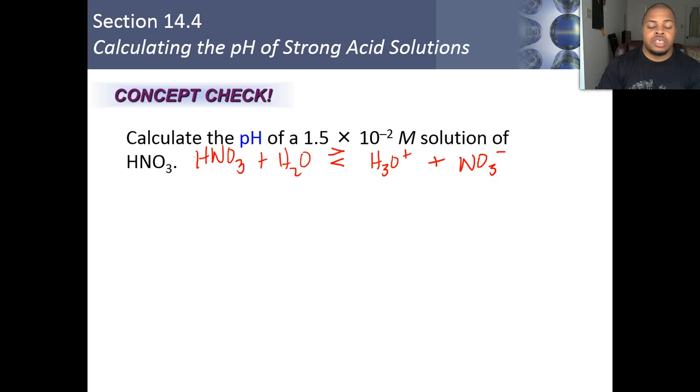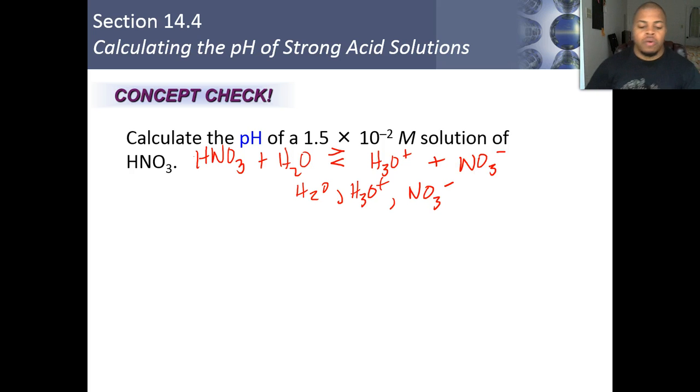Now, major species, just like we dealt with before, we know that this is going to be a strong acid, a very strong acid, so our major species are H2O, H3O+, or H+, and NO3−.